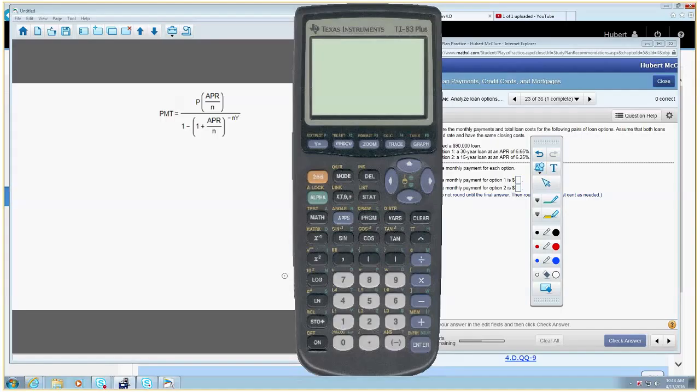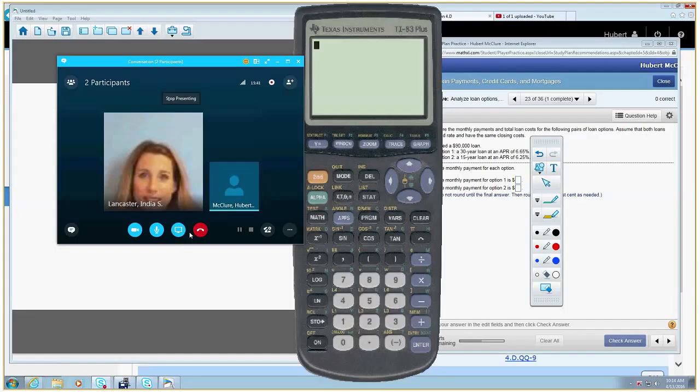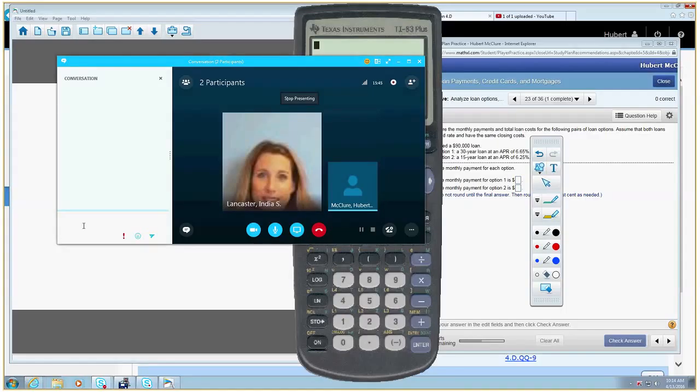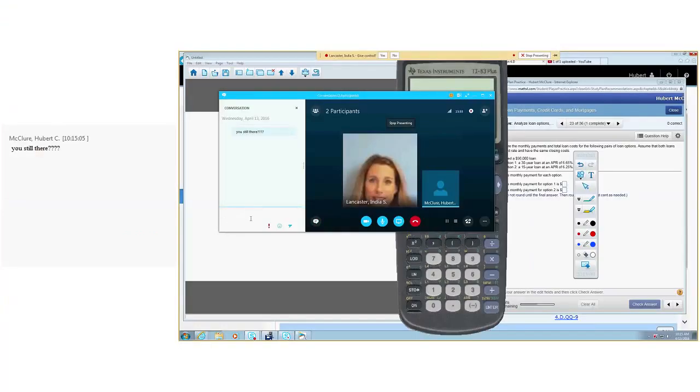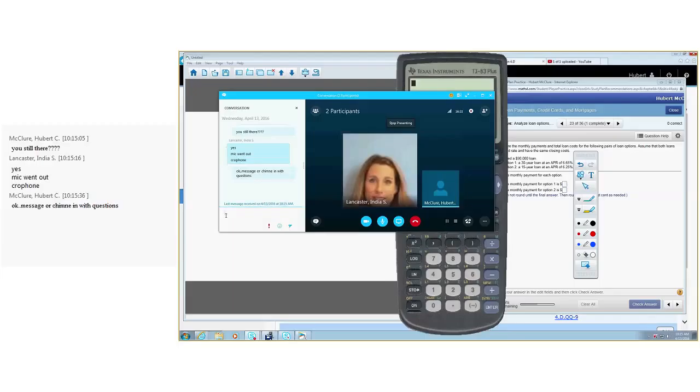Y'all can still see better. Let me check to see if she's still on.